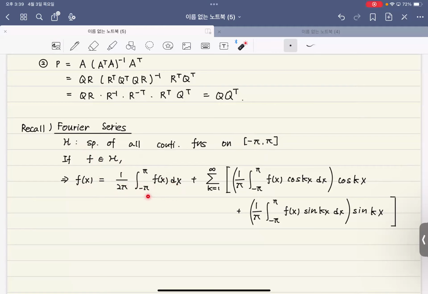This number can be considered as the coefficient of the constant function, and these are the coefficients of these vectors. So this was basically the Fourier series.